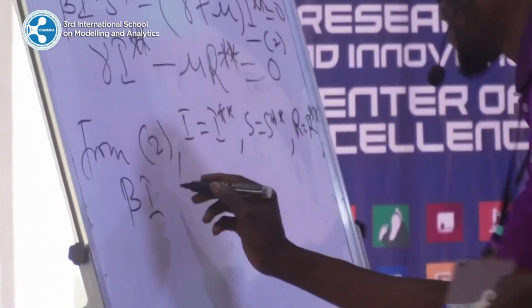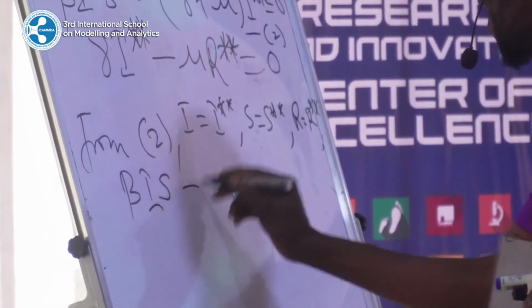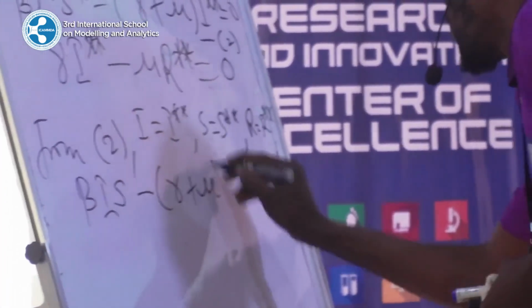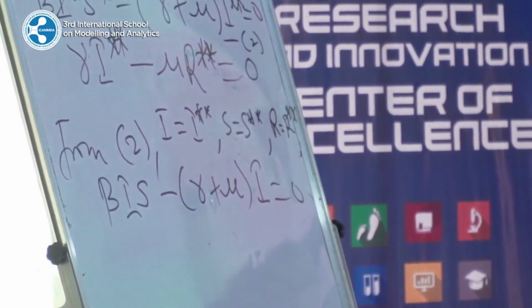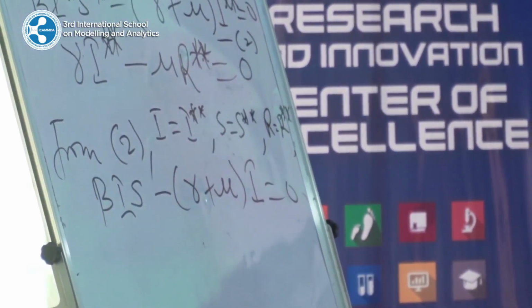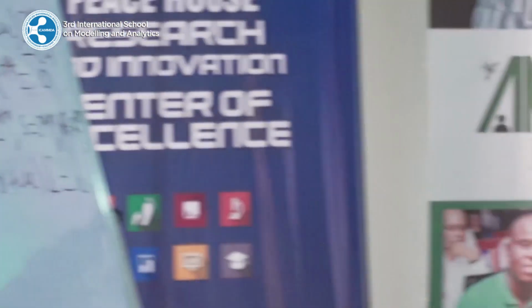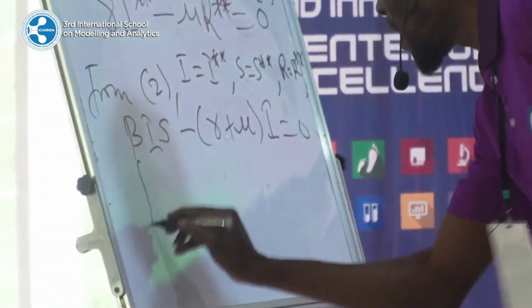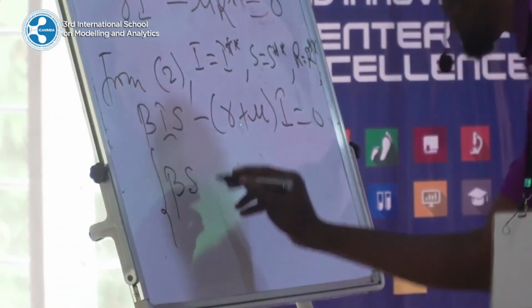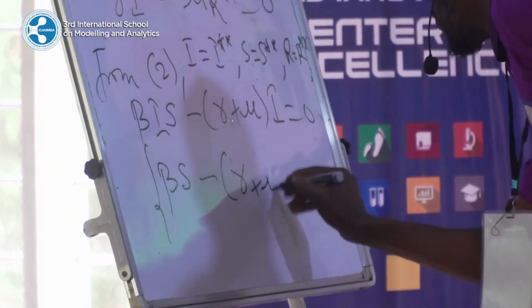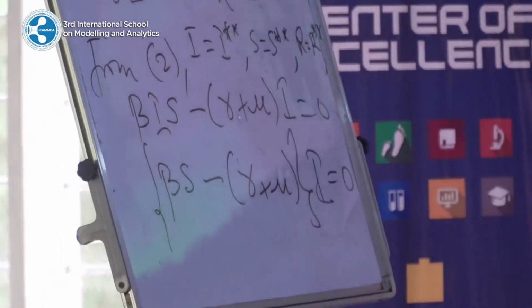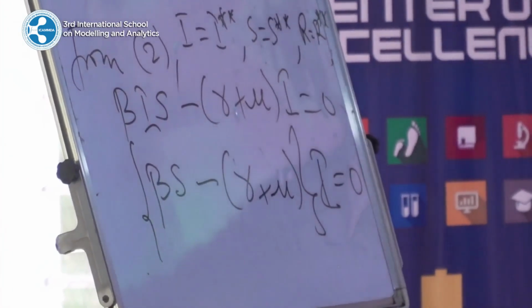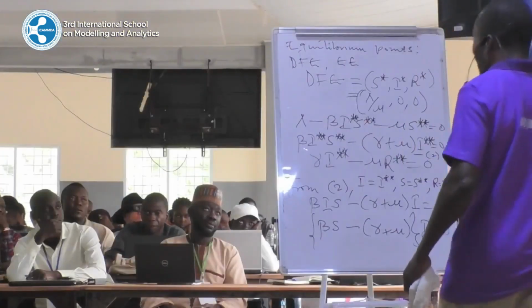So I have beta I S minus gamma plus mu I equals 0. From here, we have a common factor. What is that common factor? It is I. I can have beta S minus gamma plus mu, into I, equals 0. You remember that hypothesis that I cannot be 0.